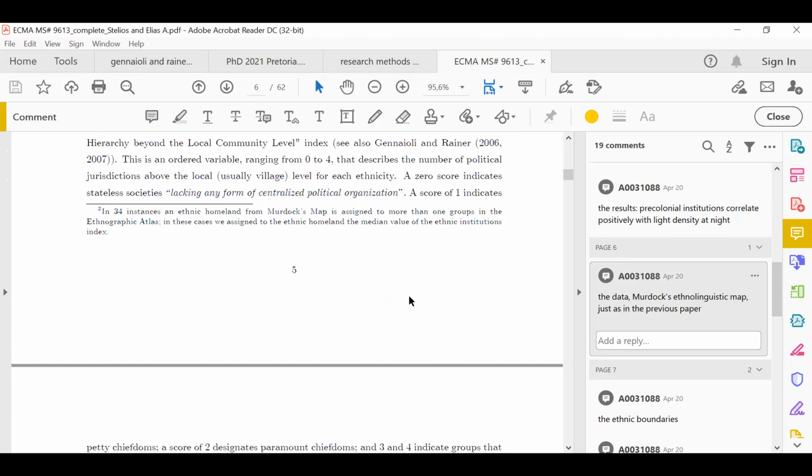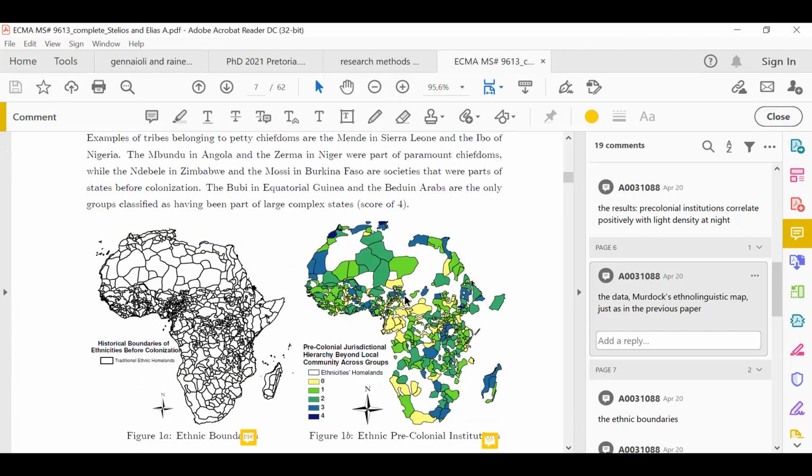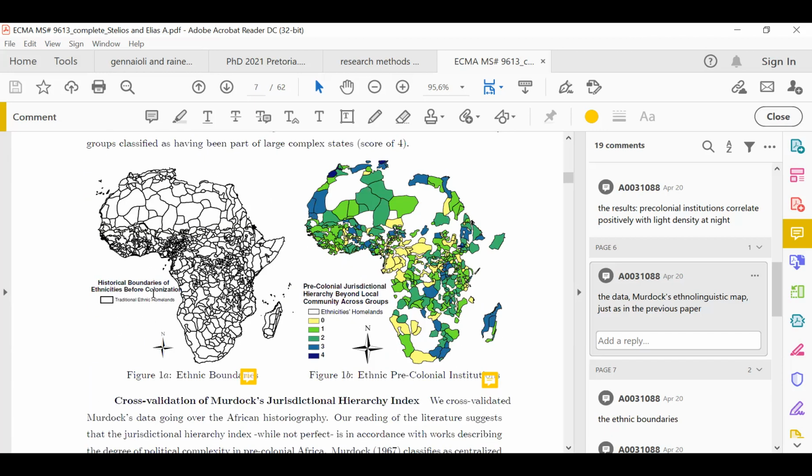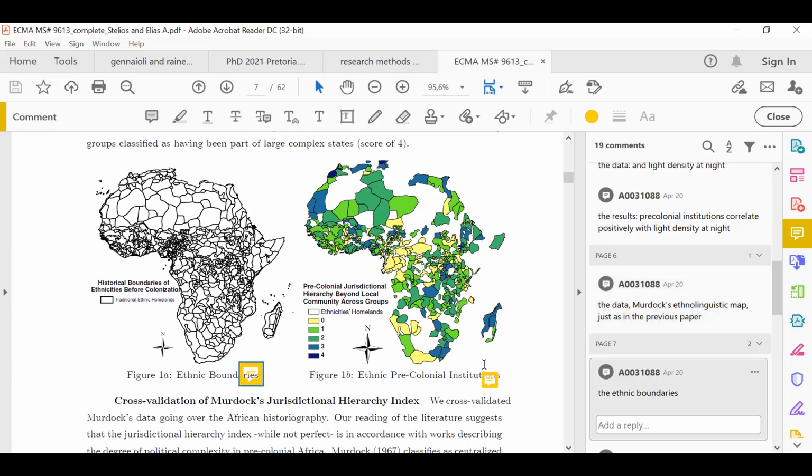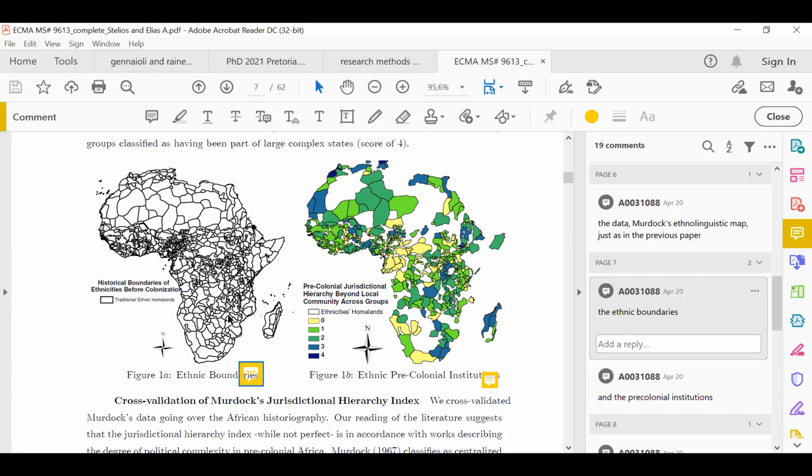Ethnic institutional traits. Here we are, folks. That is the map, right? That is the ethnic boundaries. The map on the left is the historical boundaries of ethnicities before colonization, right? And if you zoom in on South Africa, you are going to see the different boundaries right before colonization.